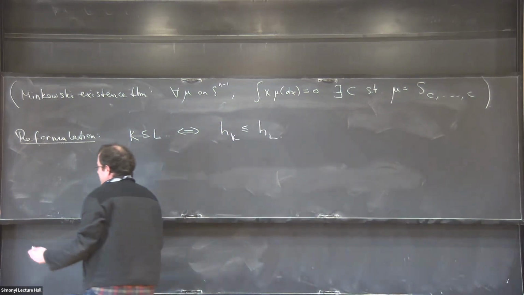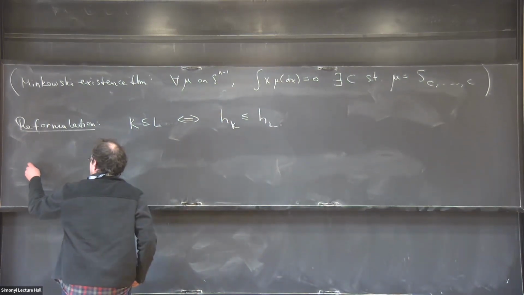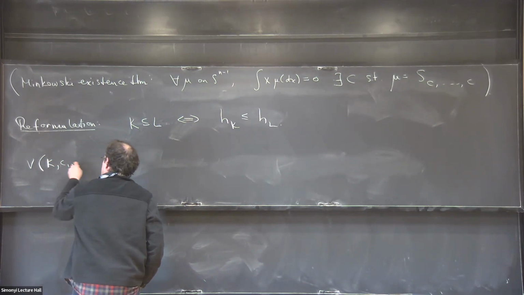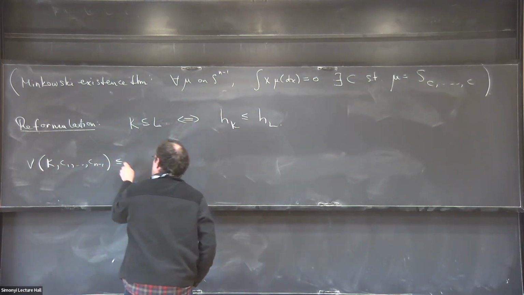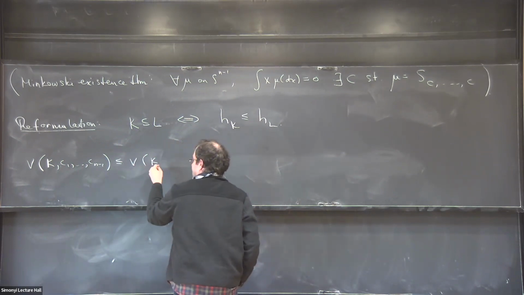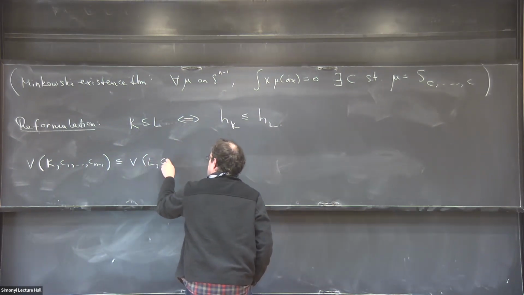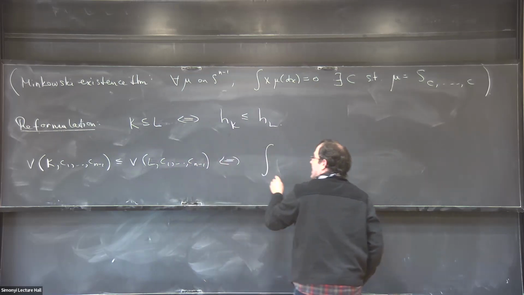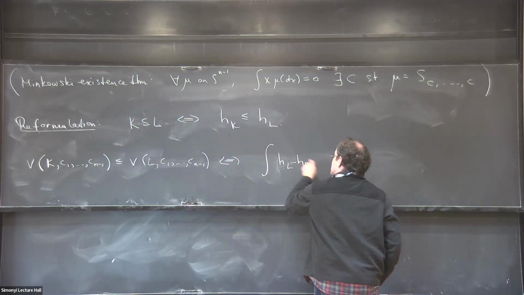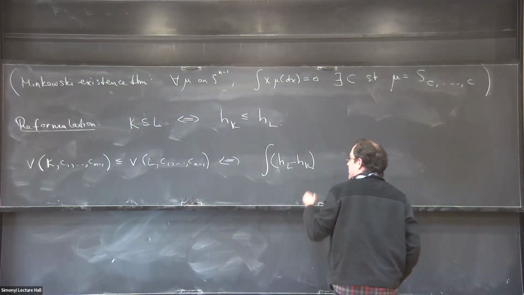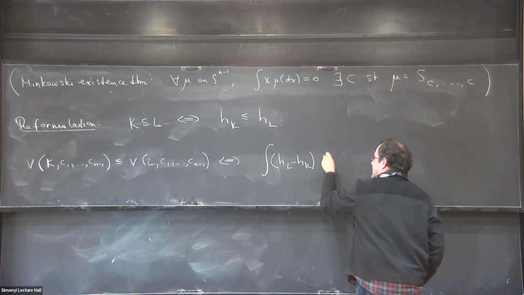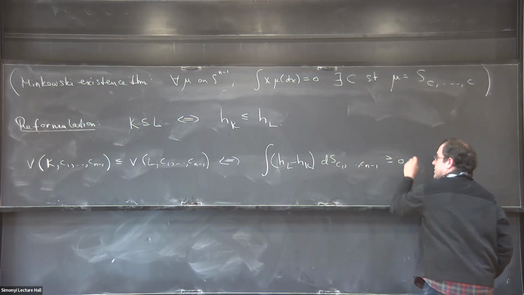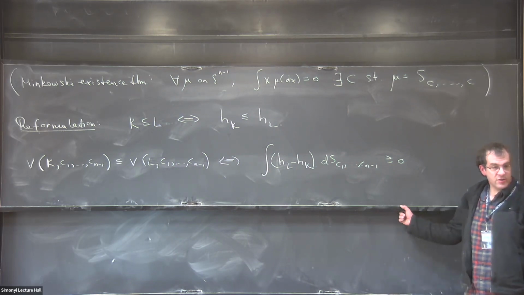So saying that the mixed volume of K, C1 to Cn minus 1 is less or equal to the mixed volume of L, C1 to Cn minus 1 is equivalent to saying that the integral of HL minus HK ds C1 to Cn minus 1 is greater or equal to 0, for all K and L.